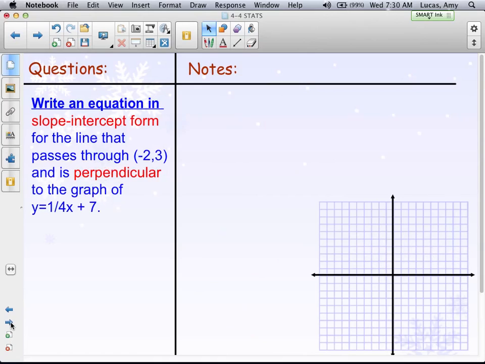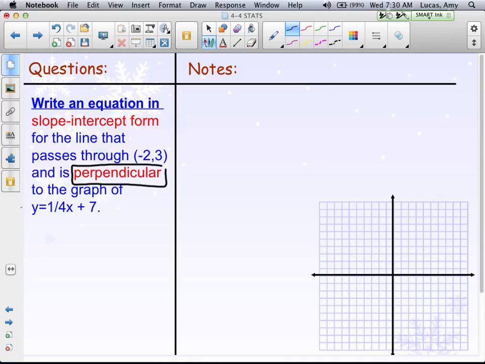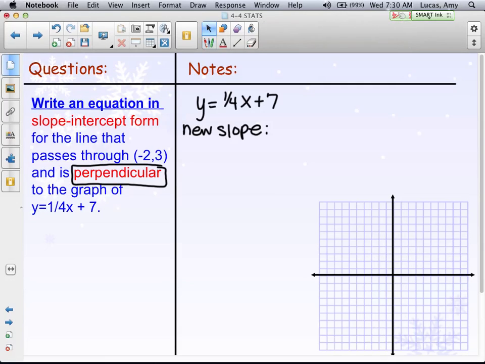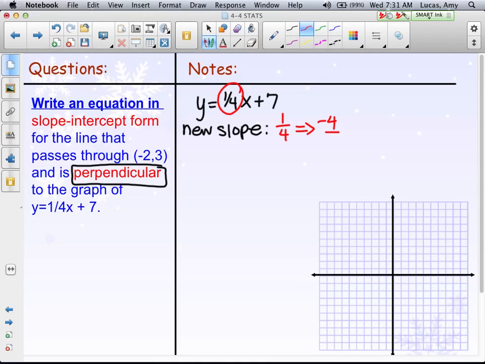All right, the next example. What has changed now is the word parallel turned into perpendicular. So my original line, 1/4 x plus 7, I'm going to have to find the new slope now, because perpendicular slopes flip and change. So I have to take this 1/4 and turn it into negative 4 over 1 or negative 4, because my new line has to be perpendicular to the original.